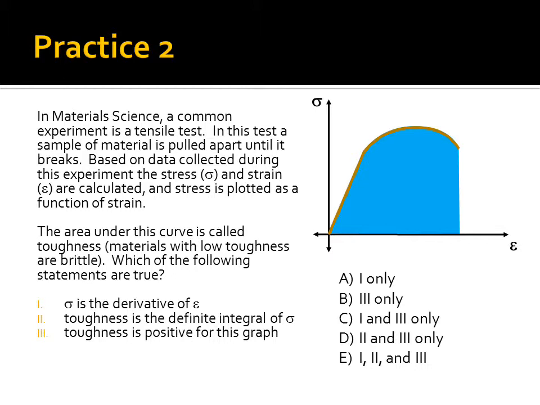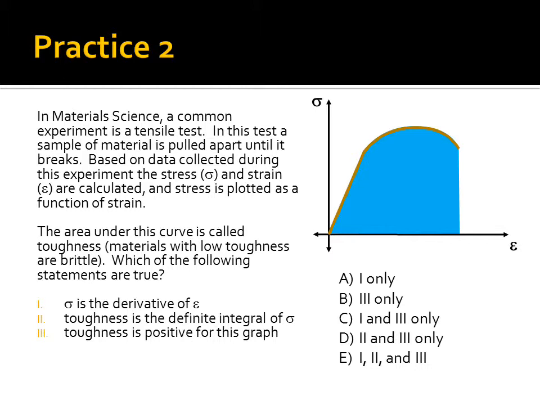Okay, so you've paused the video, you've checked this out. All right, let's take these statements one at a time. Stress is the derivative of strain. In order to have a derivative, you have to have the rate of change in here somewhere, and nowhere in all of these words does the term derivative or rate of change show up.